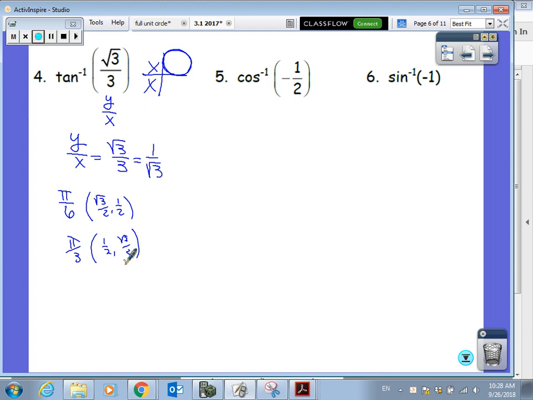So we just have to figure out where is y divided by x equal to either one of these. Okay, so I can't divide fractions, so I multiply by the reciprocal. 2 divided by 2 is 1. And there's your winner. Y divided by x at pi over 6 equals 1 over root 3. So there's your answer, pi over 6.